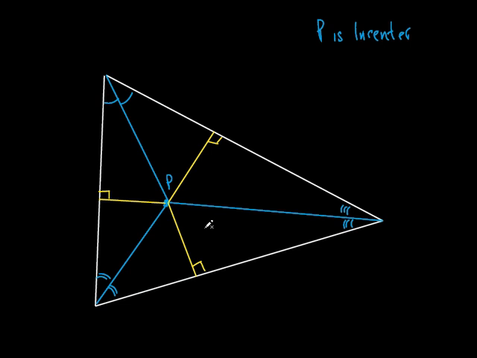Now let's see what they give you here. They tell you that that segment is 12. They tell you that this blue one right here is 20. They tell you that this is 31 degrees. And they tell you that this is 27 degrees. And they put some points in here. We've got X, Y, and Z for the triangle.